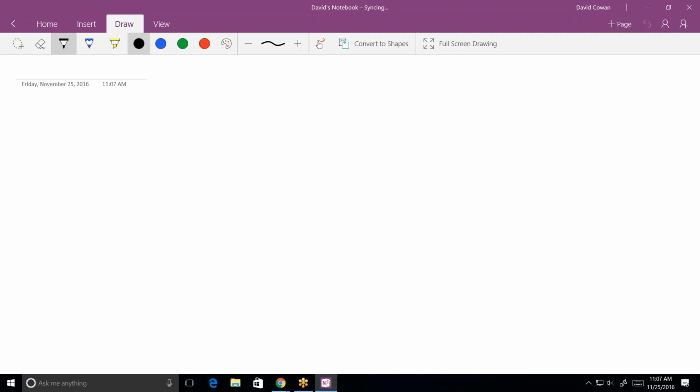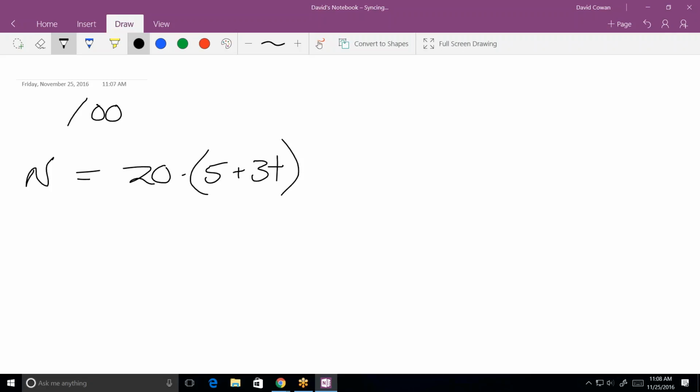The population N of the herd is given by N equals, on the numerator, 20 times the quantity 5 plus 3t, all over 1 plus 0.04t, when t is greater than or equal to 0.